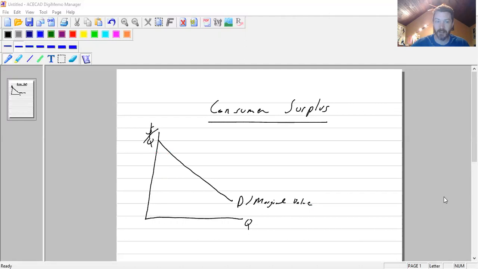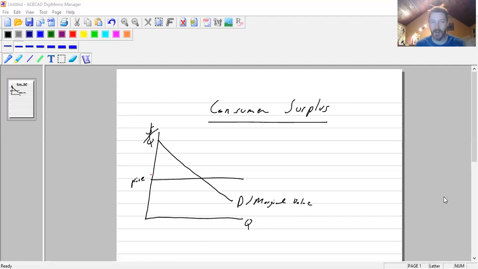So whatever this number is right here on this axis, that's the amount of additional value that the consumer receives for this first unit of the good. Second unit of the good, just read off the demand curve, that shows the consumer's marginal value. In some sense, the demand curve represents the value that the consumer receives from each unit of the good. That's what demand represents when we think of it as marginal value. So just say that this is the price.